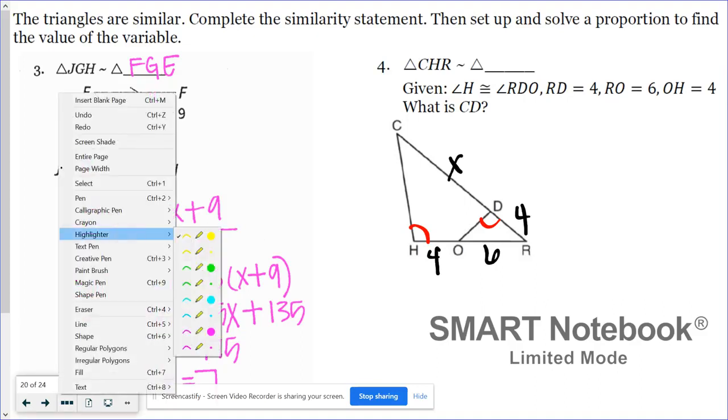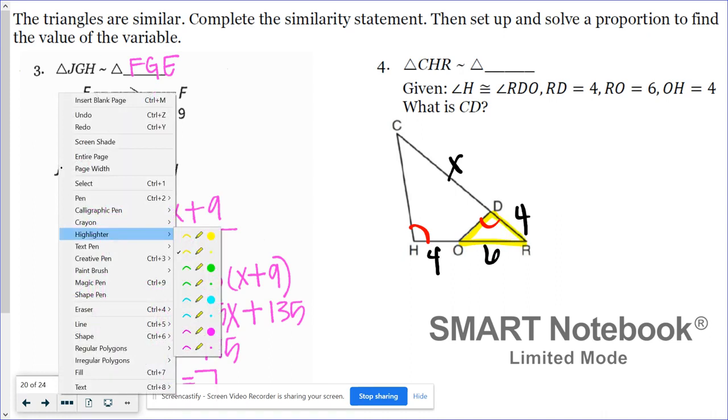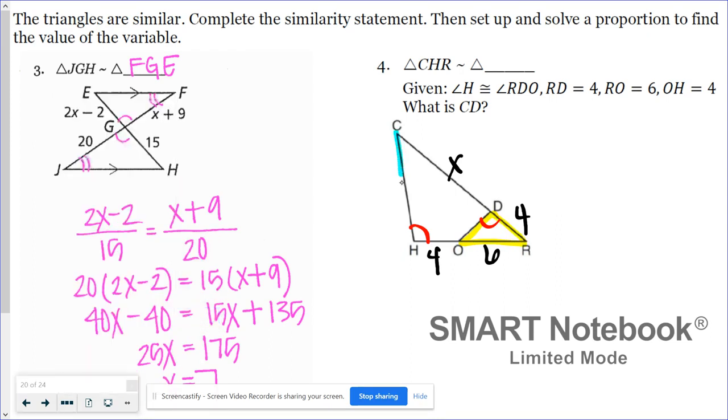So first off, do you see your two triangles? Okay, clearly we have this smaller triangle, and then we also have the bigger triangle. So if I outline them like this, what do you notice?